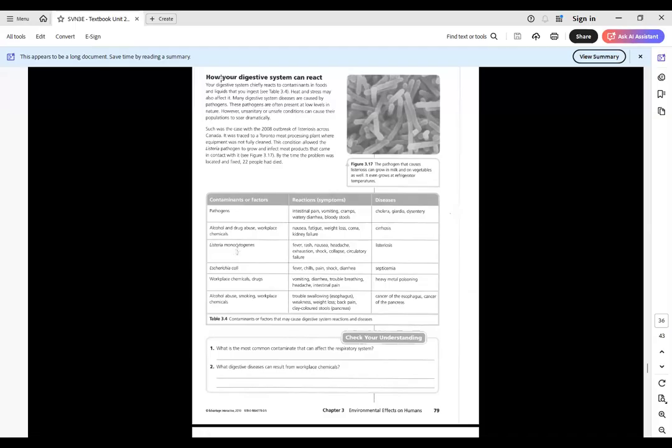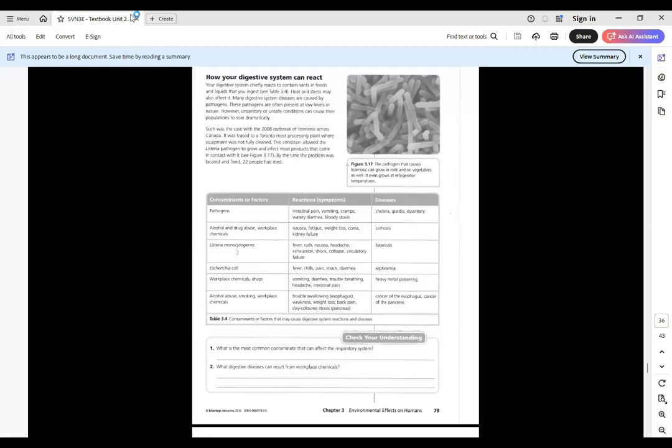Same with E. coli. I suppose if you wanted to include that disease that's caused by E. coli, you could, however, the ones listed from the actual workplace chemicals are the ones we want to have included. And yes, question 2 is worth 1 mark.